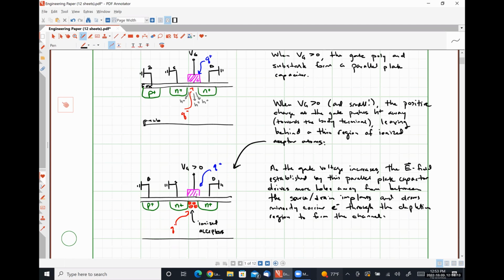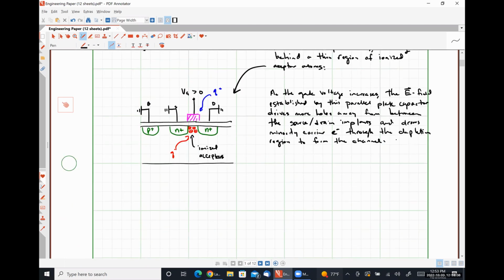Because those aren't free valence electrons able to move or anything like that. Those are effectively stuck there. All of the bonds and all that kind of good stuff are still intact. It's only when we make our gate voltage even larger that we start sweeping in free electrons, not a whole hell of a lot of them, but free minority carrier electrons into that region and establish our channel.